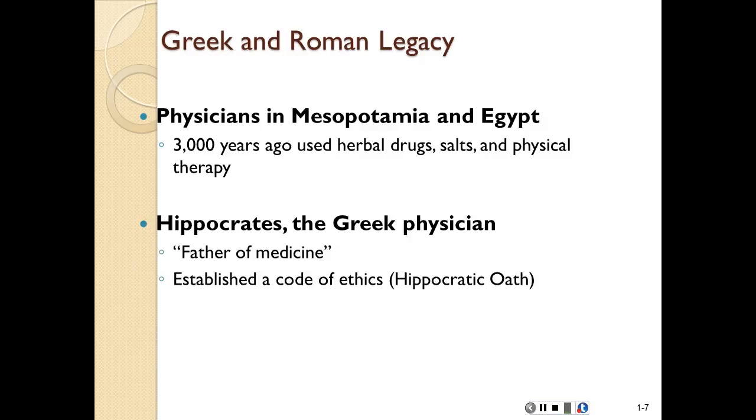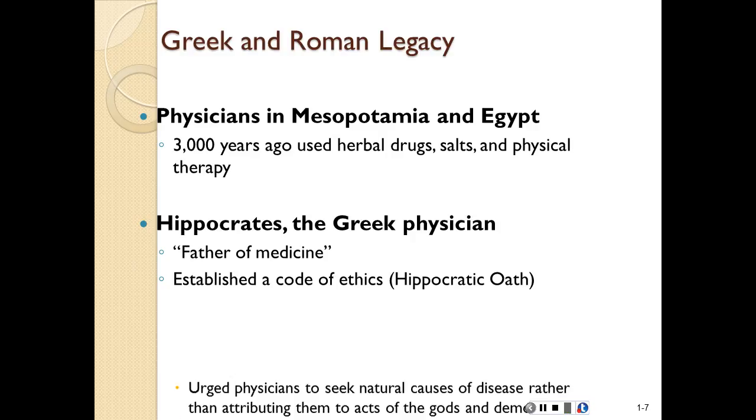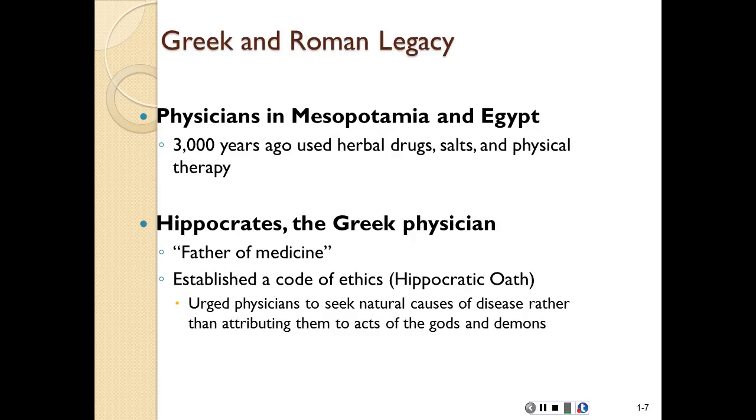He established a code of ethics called the Hippocratic Oath, which basically urged physicians to seek natural causes of disease rather than attributing them to various gods and demons. Back in the Greek days, they always thought that diseases or warfare or anything negative came from the gods like Zeus, and I'm not too familiar with all the Greek gods. I remember Zeus, but all those various gods that they worshipped.